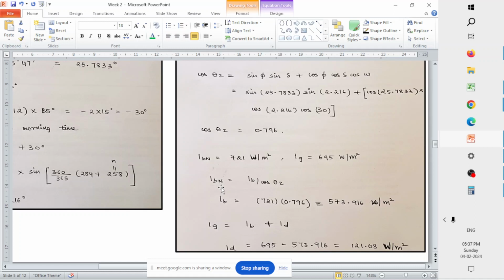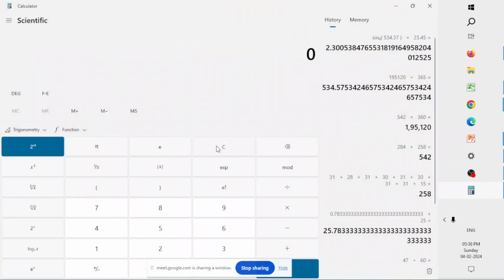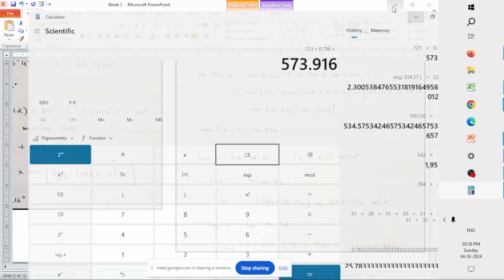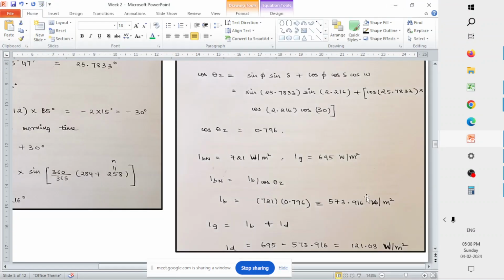What is normal to the surface, if you take the component of that, you will get how much of the beam radiation is falling on the surface of your flat plate collector. So IB will be 721 into 0.796, which was calculated, so the value will be 573.916 watt per meter square.